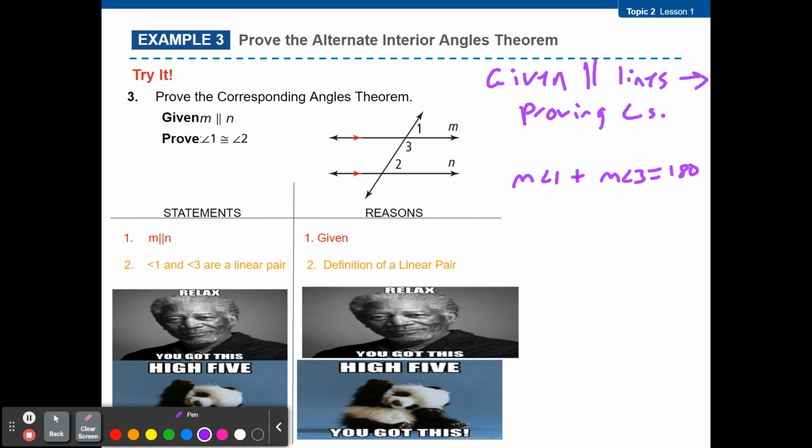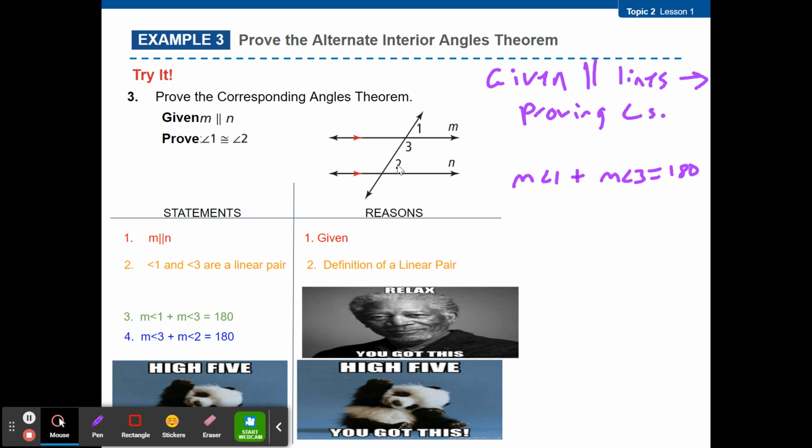Evan? 2 and 3. All right. So my next step is that the measure of angle 1 plus the measure of angle 3 equals 180, and the measure of angle 3 plus the measure of angle 2 equals 180.